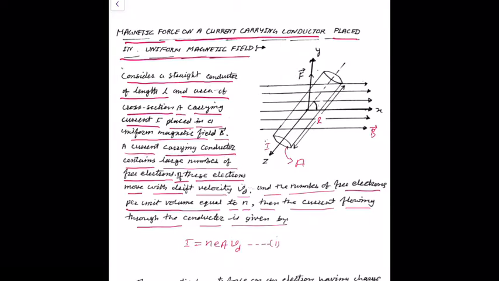It is equation first. The direction of flow of the conventional current I is opposite to that of the drift velocity of the electron.